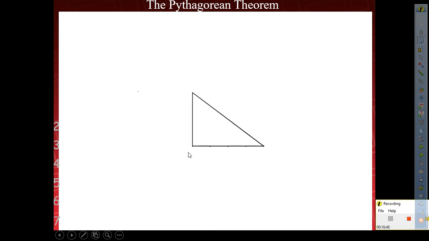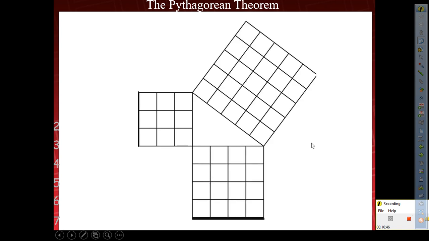So watch. Observe it. See if you can find the relation between the legs and the hypotenuse. Hands if you see it. Okay, 1.